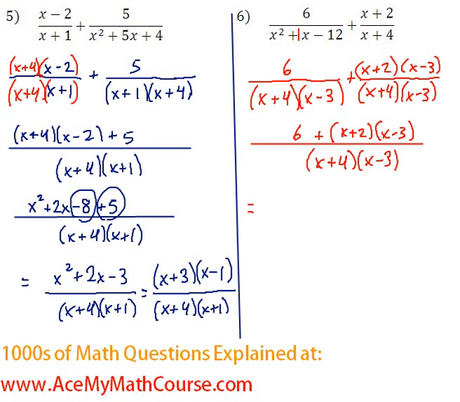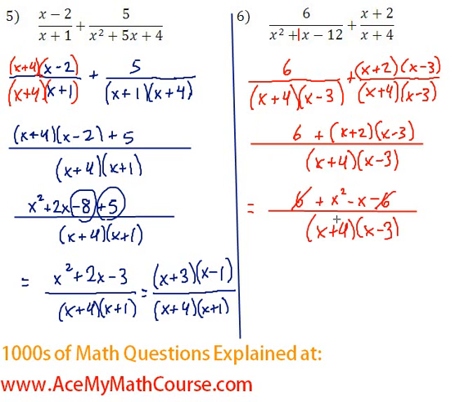Up top, in the numerator, just going to draw a line again, we're going to get just 6. Now I can FOIL and expand this. Once I do, it's going to be x squared minus x minus 6, then all over, of course, x plus 4 times x minus 3. Now we can combine like terms up top.